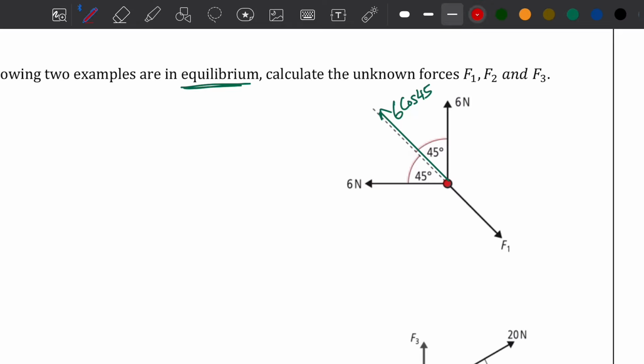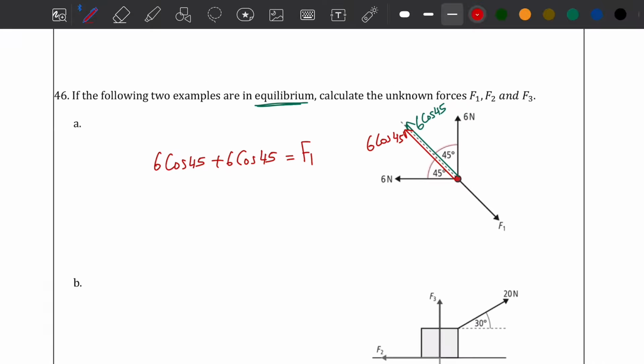Again, we'll have another 6 cosine 45 from the left force. So these two forces, 6 cosine 45 plus 6 cosine 45, they are opposite to F1 and they must also be equal to F1 because we need to balance, we need to have equilibrium. So let's just calculate this.